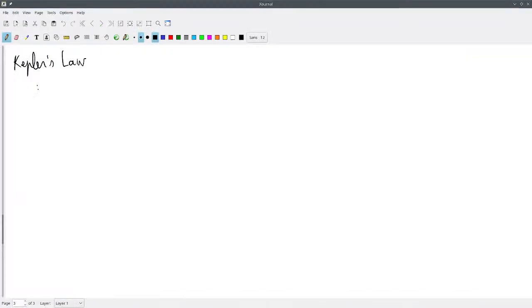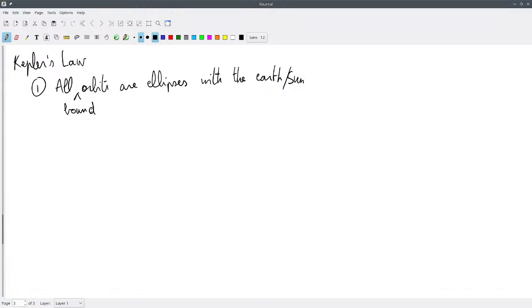So the first of Kepler's laws says that all orbits in an inverse square law force law are ellipses. And I'm going to put here all bound orbits are ellipses with the Earth, Sun, or whatever object you're spinning around, with the central mass at one of the foci.